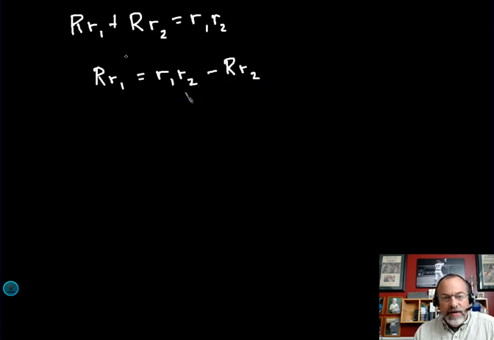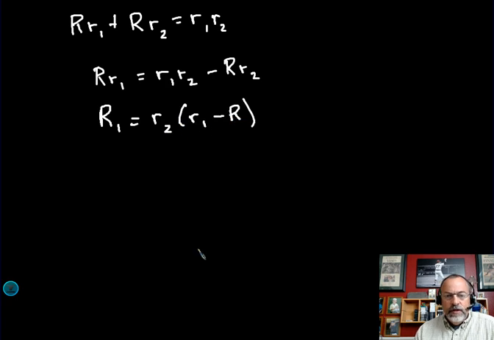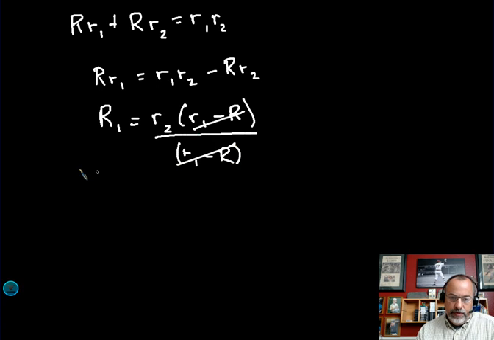Before we divide, I have two R sub 2's here, so I can do the distributive property in reverse. So I want to factor out that R sub 2, leaving me this. Now that I've done that, the R sub 2 times this, I can divide this by R sub 1 minus R, because when I do that, this whole thing's going to go away.